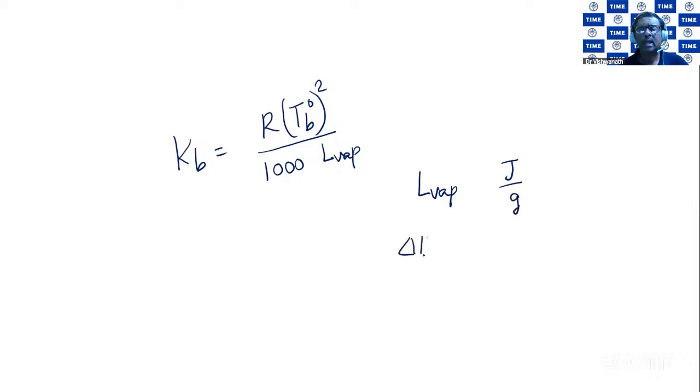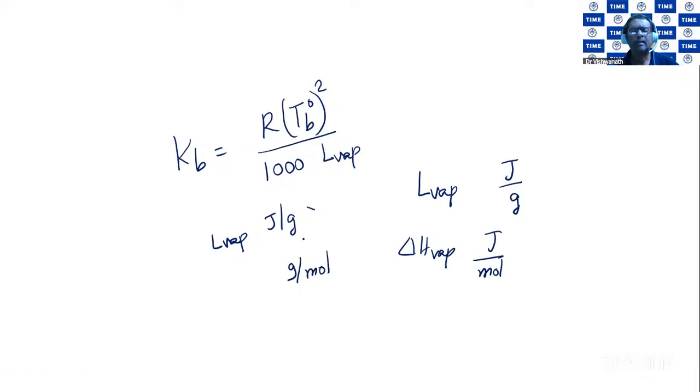We have delta H vaporization as energy units per mole, right? So how to convert this L vaporization into delta H vaporization? You know that L vaporization, which is in joule per gram, is multiplied, or let us say that you have started with this, what is the molar mass? Molar mass is in gram per mole, right?